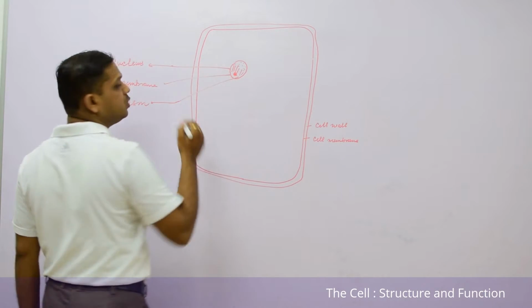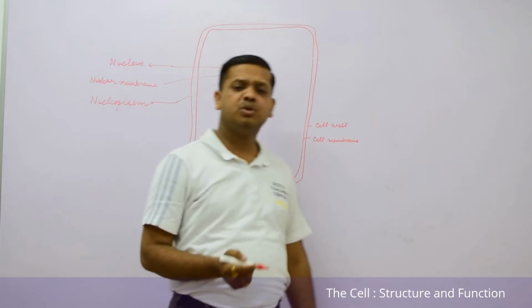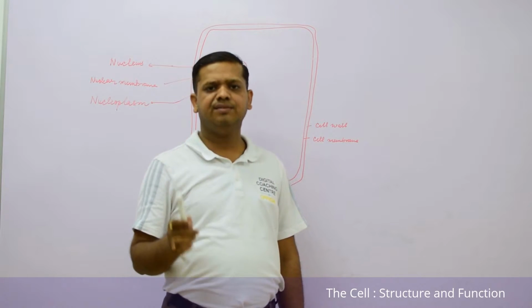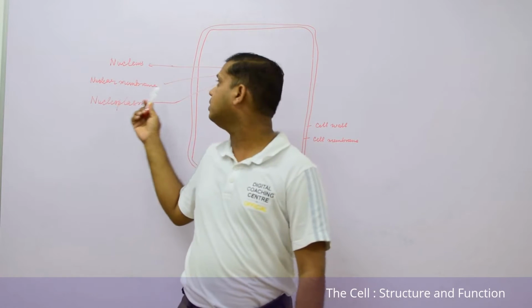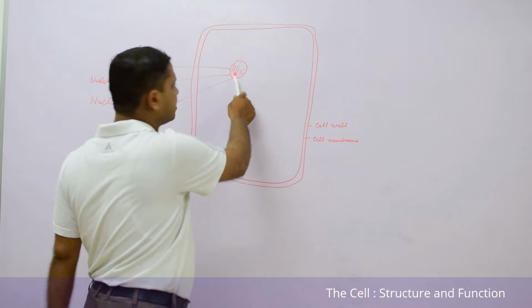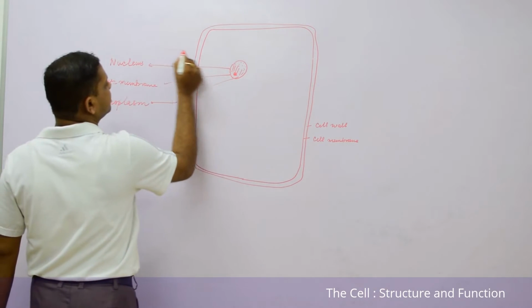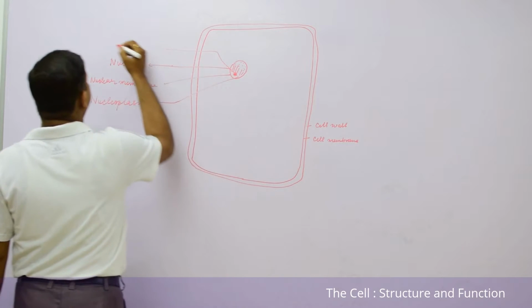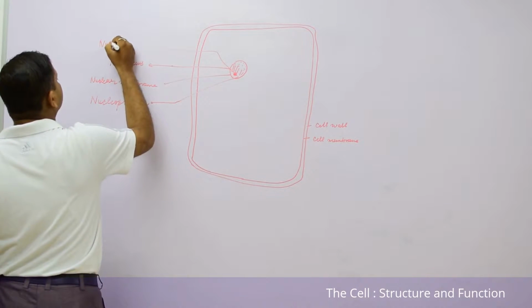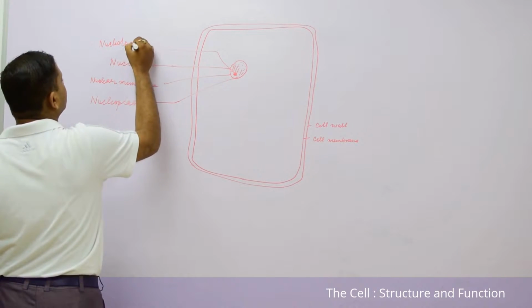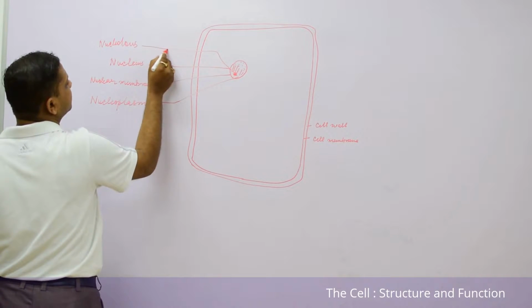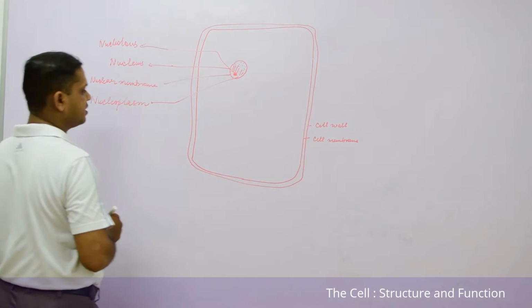As we know, our body is controlled with the help of the brain; in the same way the cell is controlled with the help of the nucleus, and the nucleus is controlled with the help of the nucleolus. So here we will see that one nucleolus is present inside the nucleus.